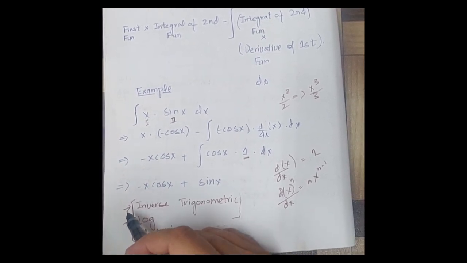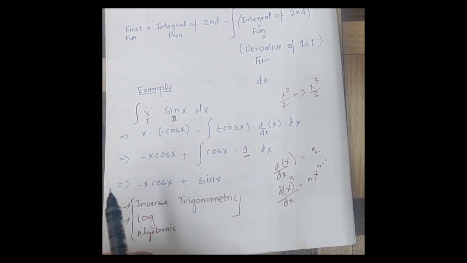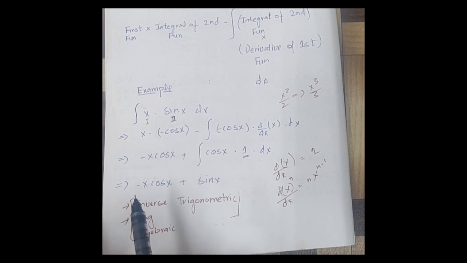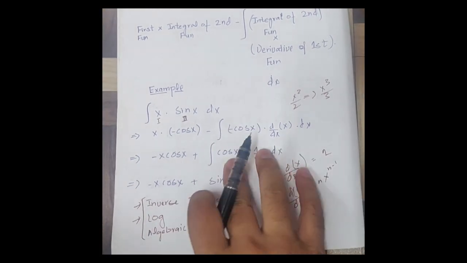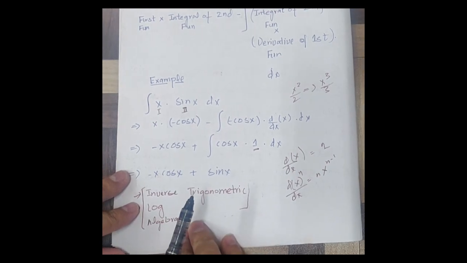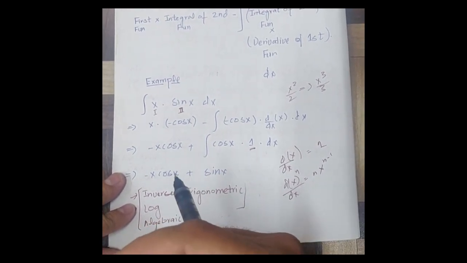We have to evaluate those integrals by using tricky integration by parts techniques. So that's how we use the integration by parts method to solve integrals which involve multiple functions as products.